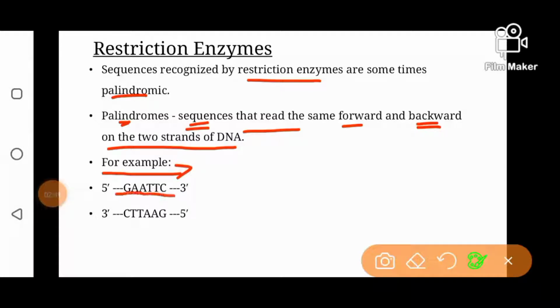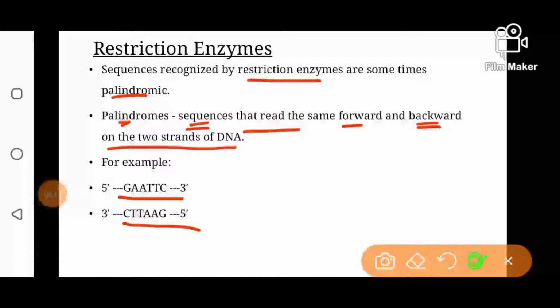On the complementary strand, the sequence is read CTTAAG in the 3 to 5 direction. But if we read this sequence on the complementary strand in the 5 to 3 direction, it is the same, GAATTC. So if both the sequences are read in the 5 to 3 direction, they are read the same, GAATTC and GAATTC. These kinds of sequences are known as palindromic.